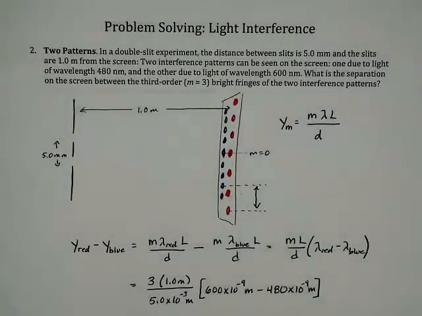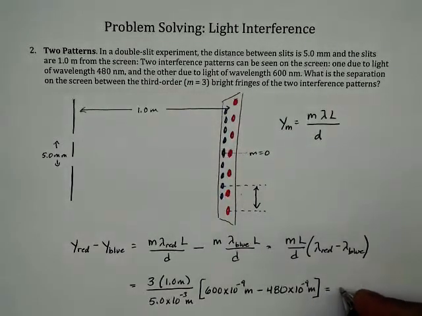And we can go ahead and calculate that out. And if we do so, that comes out to be 7.2 times 10 to the negative 5th meters, or I guess that would be 0.072 millimeters.